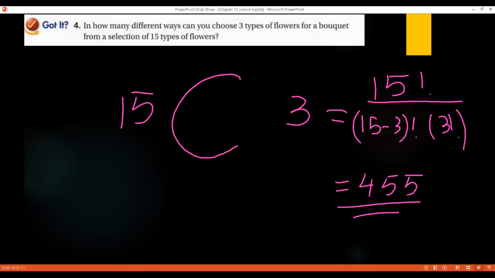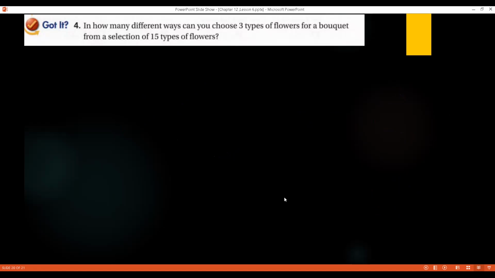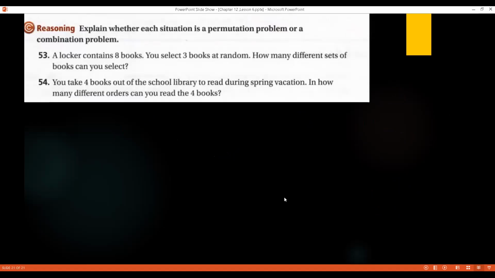Now let's go to the last part. In these questions, I want you to determine if the question is permutation or combination. The first one, number 53. A locker contains 8 boxes.